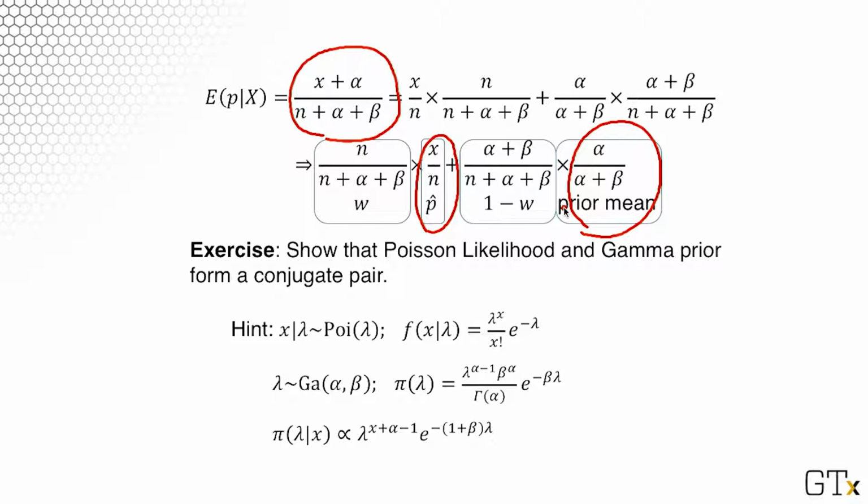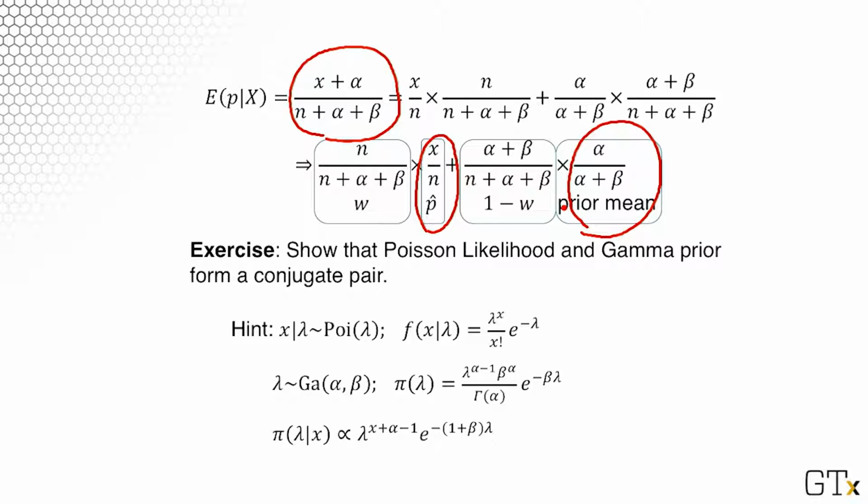So as in the normal case, when the posterior mean was a weighted average between the prior mean mu and observed value x, here the posterior mean for this binomial-beta combination is the weighted average between the maximum likelihood estimator for the proportion only from the data, which is the relative frequency, and the prior mean, which is alpha over alpha plus beta.